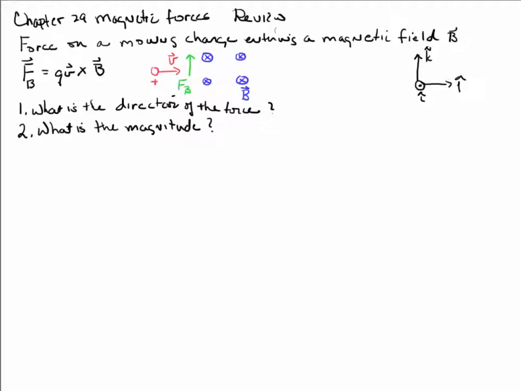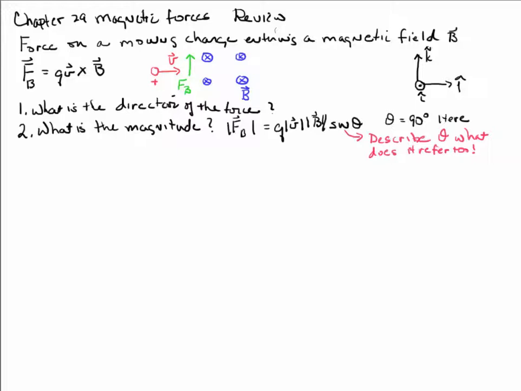What is the magnitude? Once again, take a moment and pause the video and work out the magnitude of the force. Of course, the magnitude is given by the charge times the magnitude of the velocity times the magnitude of the magnetic field times sine theta.